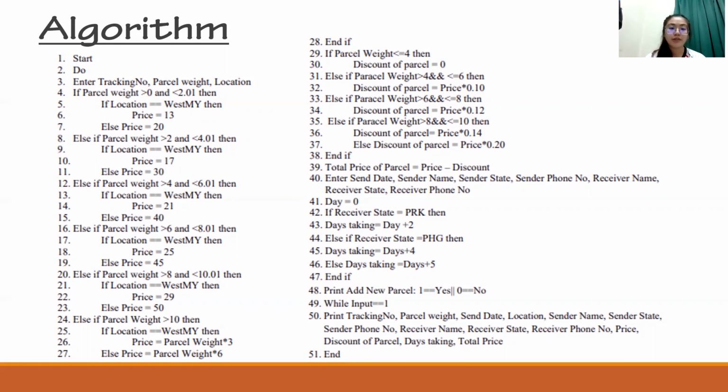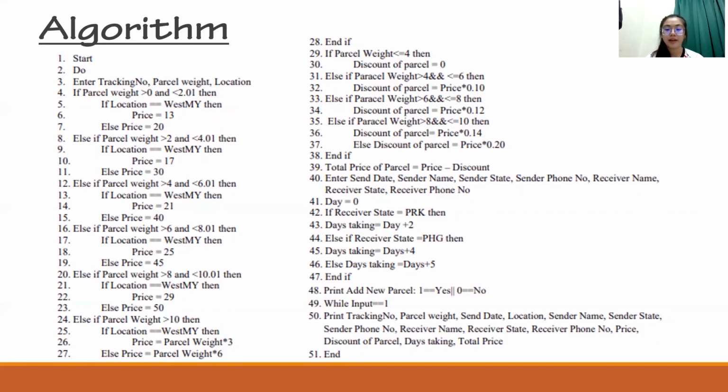For the calculation, we separate it into four, which are price and discount of parcel, total price of parcel, and also days taking.